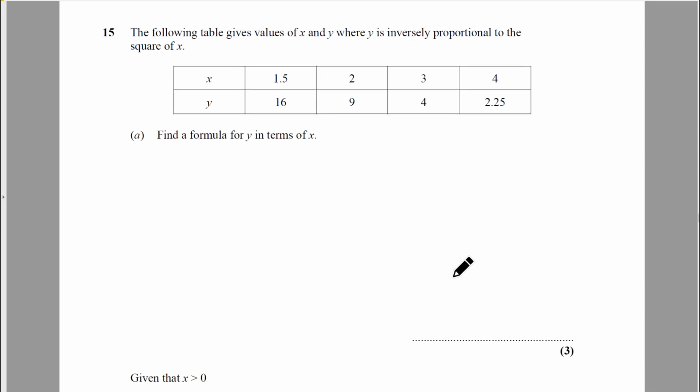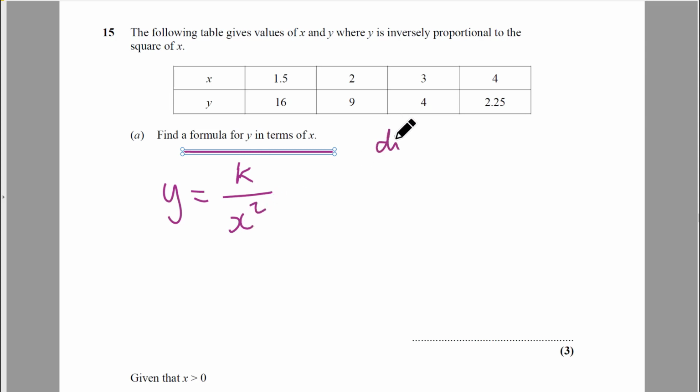Ooh, inverse proportion. But they're giving you a table. Don't get thrown off from this. Just think, what's the inverse proportion? So it's inversely proportional to the square of x. So y equals, inverse means the x squared is going to be at the bottom.